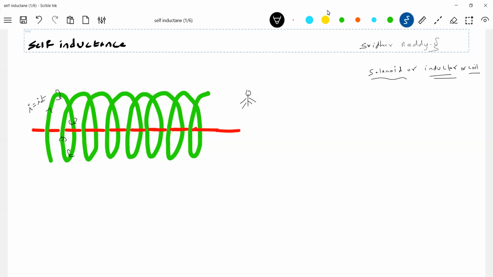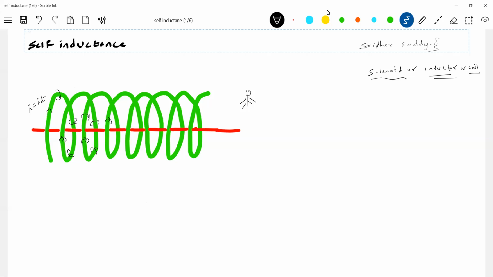This will be the direction of the field. The arrow indicates the lines of force.